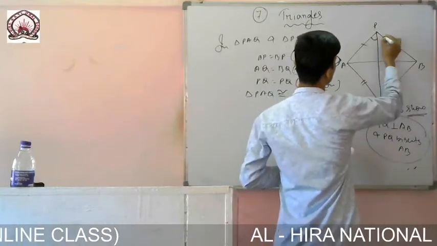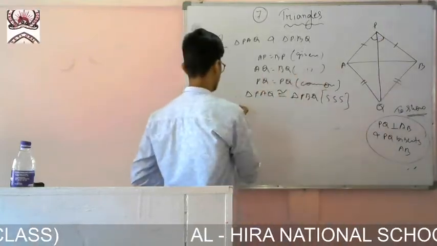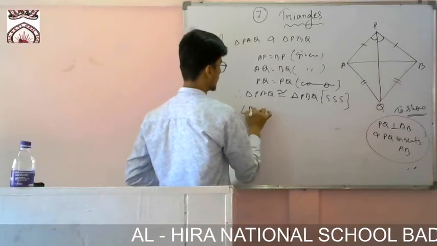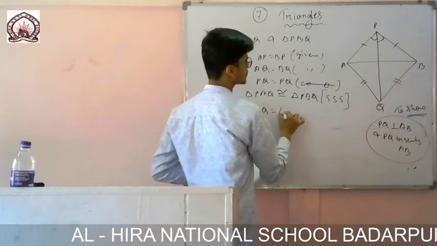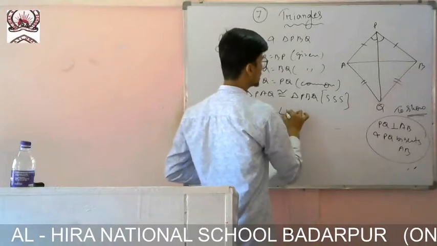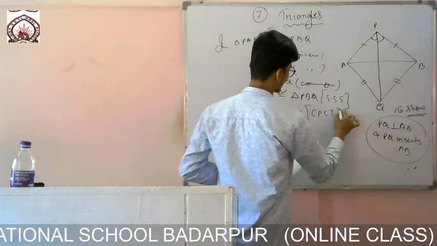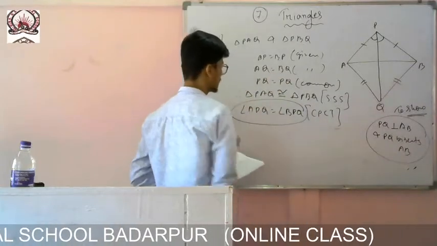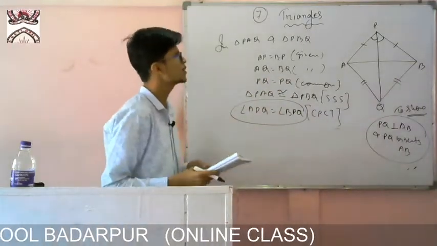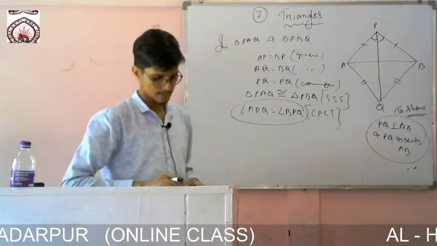I can write this one is equals to that one. So therefore angle APQ is equals to angle BPQ, and there you write CPCT. I have written this one by using CPCT.